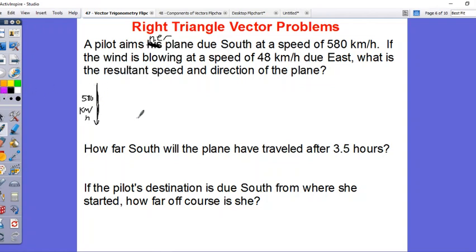We also have a wind blowing 48 kilometers due east. This is not to scale. That's a 48. It's going to be about 1/10, a little bit less than 1/10. So you're going to have 48 kilometers an hour.